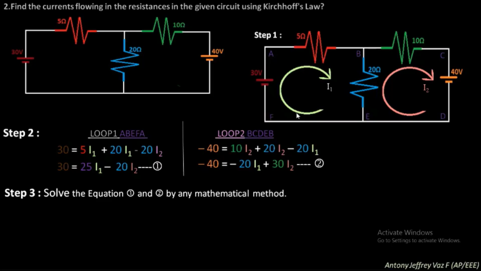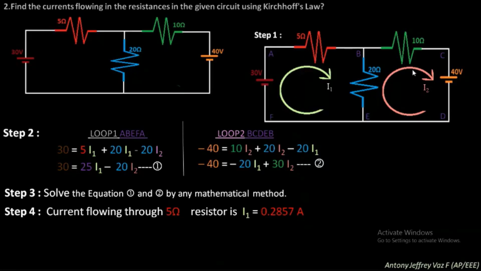Someone please tell me the answer. Solve these two equations: 30 equal to 25 I1 minus 20 I2, equation number 1, and minus 40 equal to minus 20 I1 plus 30 I2, equation number 2. Solve these two equations and tell me the answer.